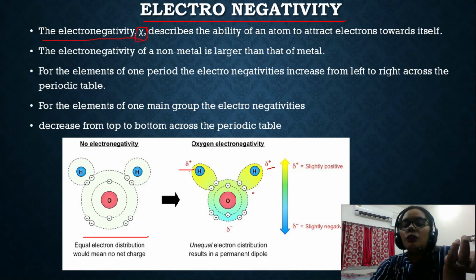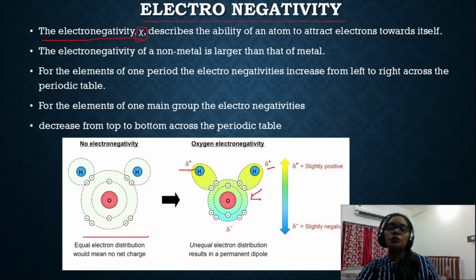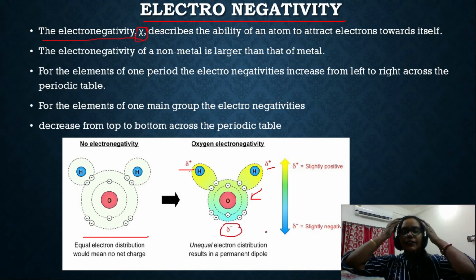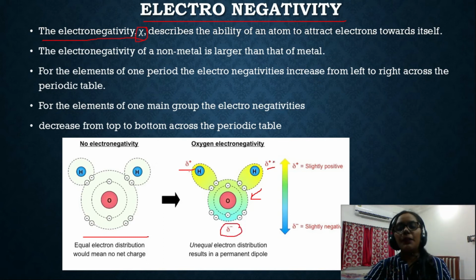That is why the oxygen will pull the bonded electrons towards itself. So all the covalent bonded electrons will to some extent go towards the oxygen atom, and that is why oxygen will be partially negatively charged and hydrogen will be partially positively charged. Okay.